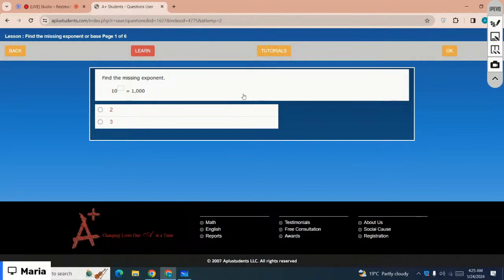Yes, the number of zeros on the other side is 3. That means the missing exponent is 3, right? Because every time you multiply 10 times 10, you have two zeros, 100, you multiply 3 times, you have 3 zeros. So the correct option is 3.